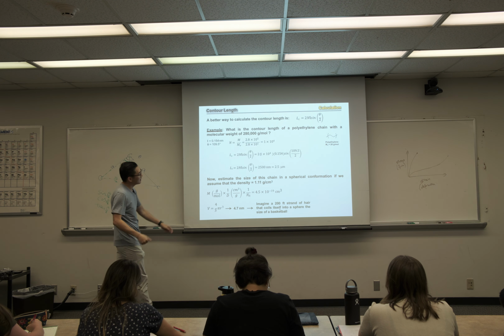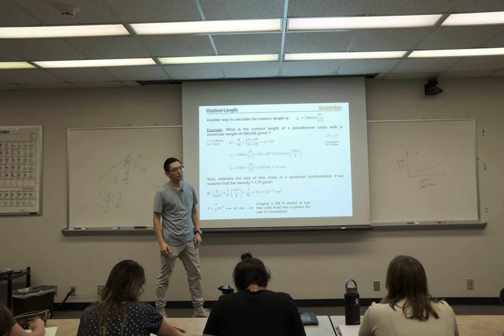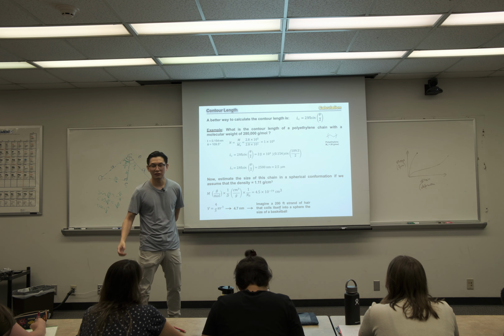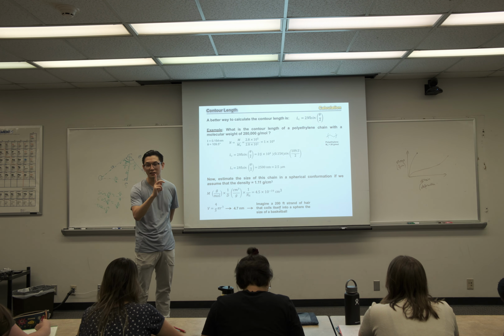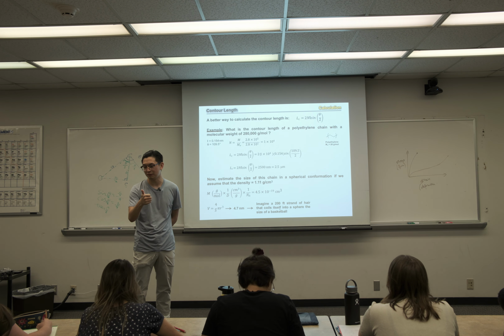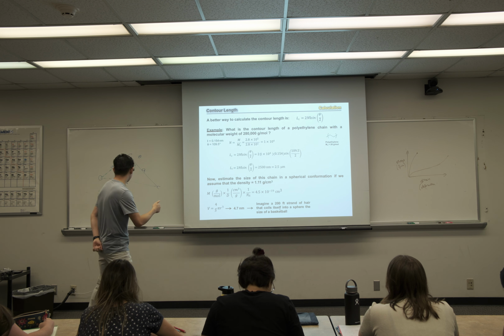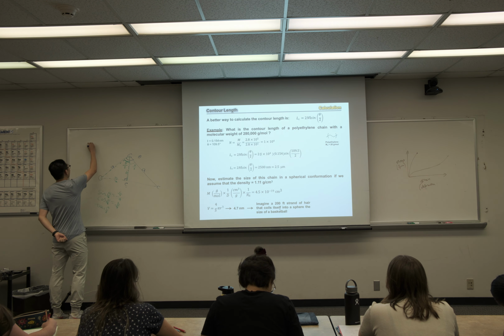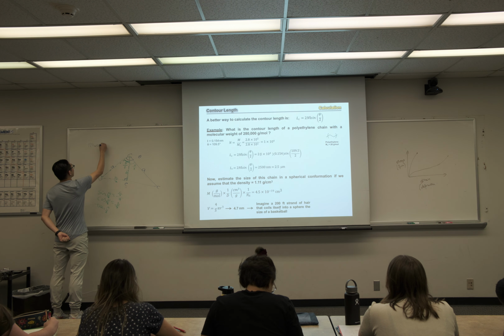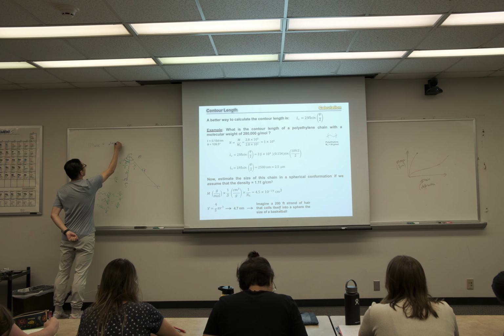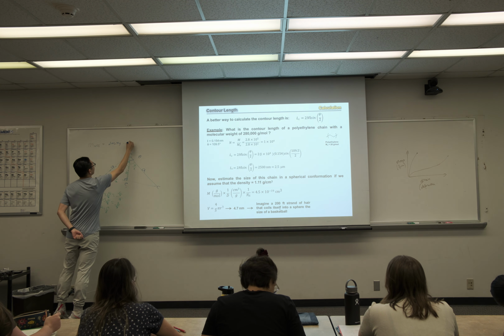If we know the density of the material, we can use a simple way to calculate, because we know how heavy each single chain is, and we know the density, so we can get the volume. Because mass equals density times volume.